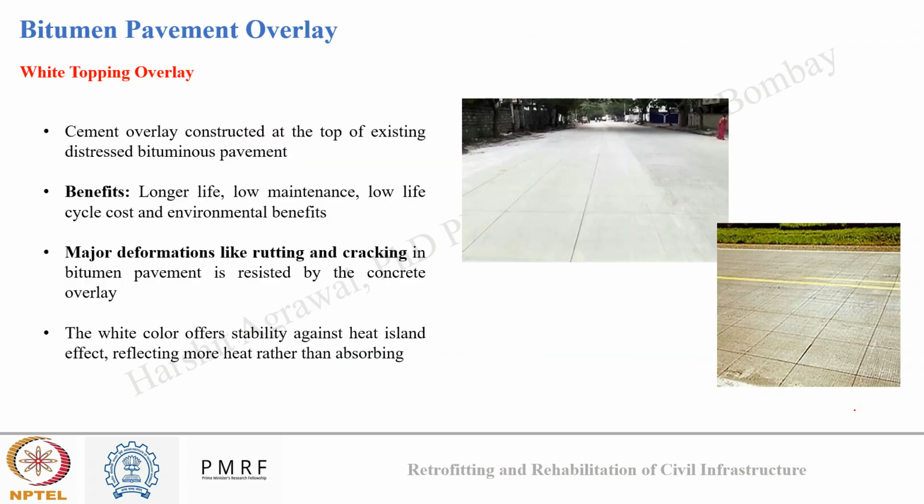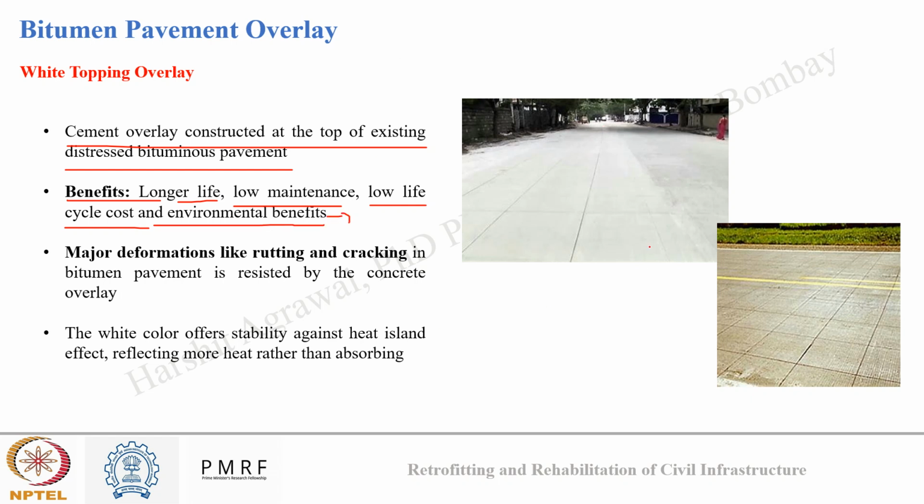Now, in case of bitumen pavement, we provide white topping overlay. So these are generally cement overlays which are constructed on top of the distressed bituminous pavement. They provide benefits in terms of longer life, low maintenance, low life cycle cost, and environmental benefits by reducing the urban heat island effect.